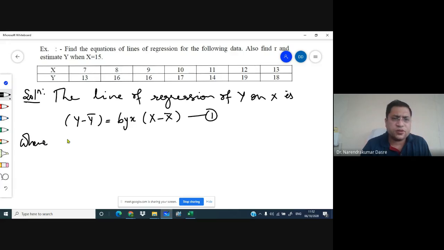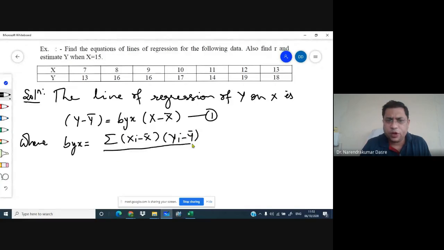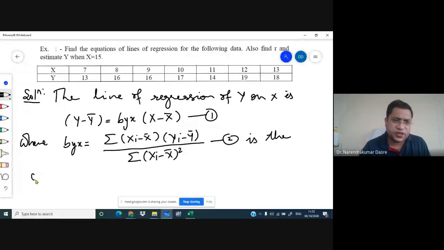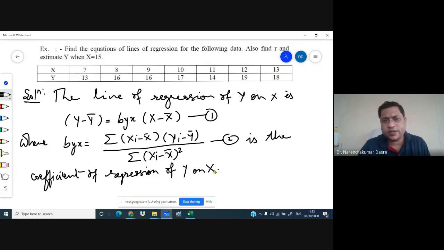Where byx is equal to summation of xi minus x bar times yi minus y bar, upon summation of xi minus x bar whole square. This is equation 2, the coefficient of regression of y on x.